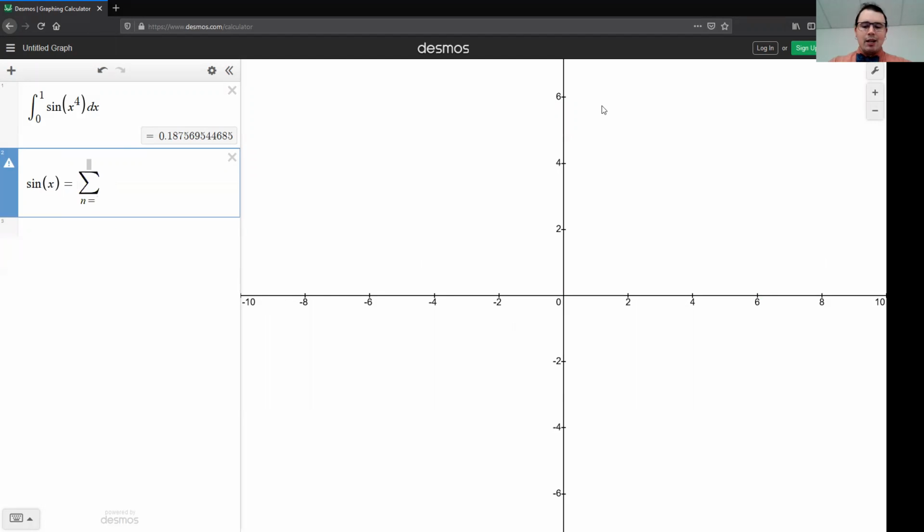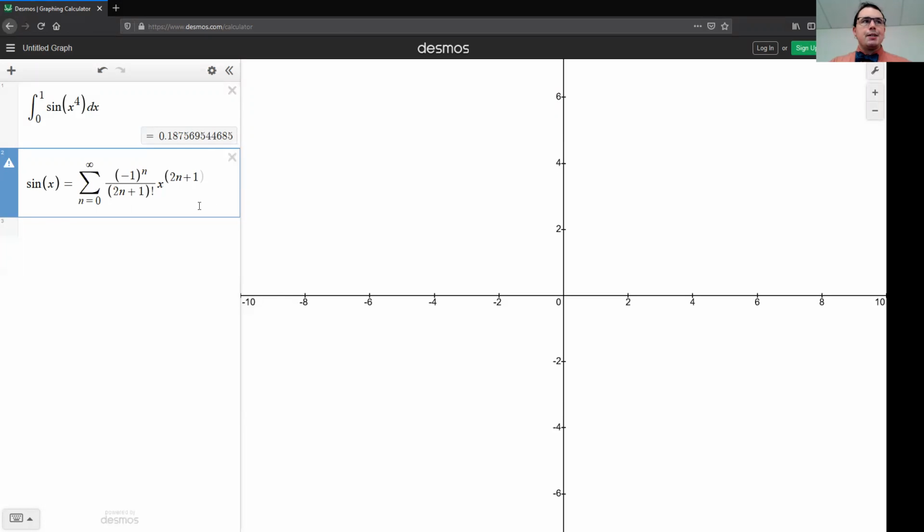I'll have the sum n from 0 to infinity. Desmos is going to get a little upset with me because it only likes finite sums, but that's okay. I'm just using it to write out the formula neatly. My summands have coefficients minus 1 to the power n over 2n plus 1 factorial, and then this is times x to the power 2n plus 1.